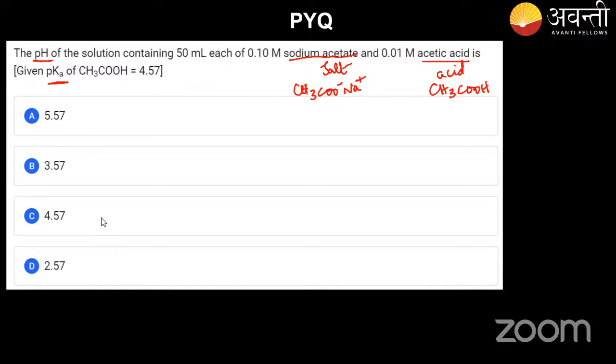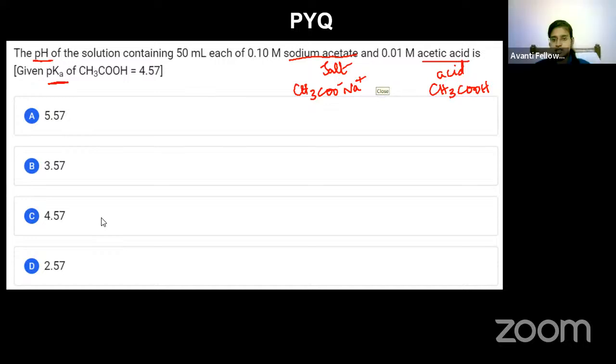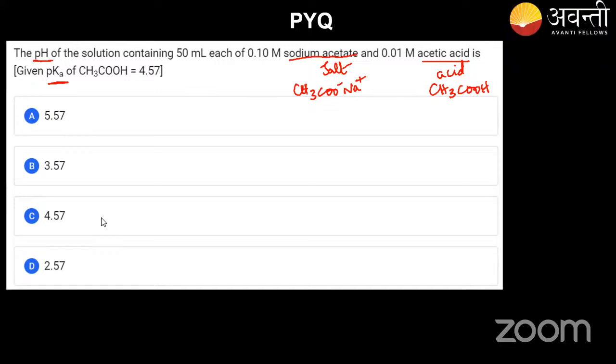5.57. Roshan, how did you arrive at this answer? Which formula have you used? Ma'am, pH equal to pKa plus log of concentration of salt divided by concentration of acid.